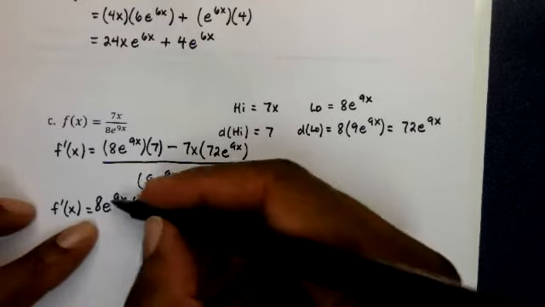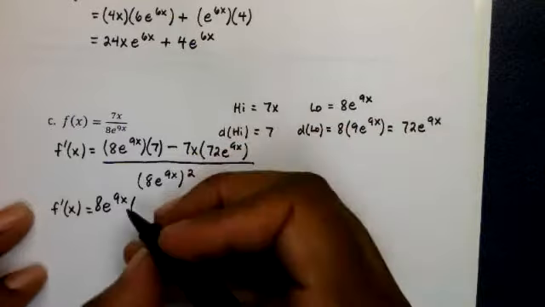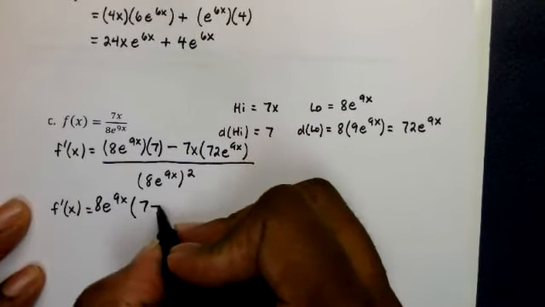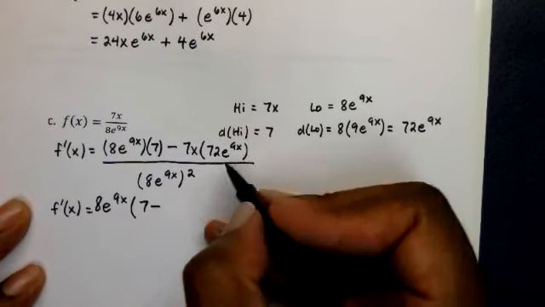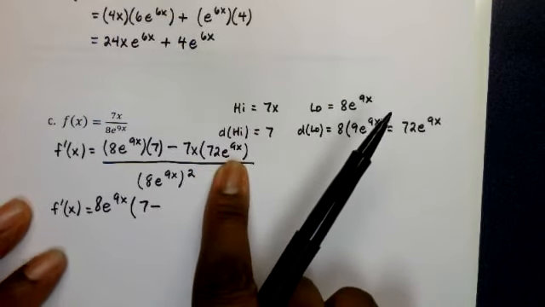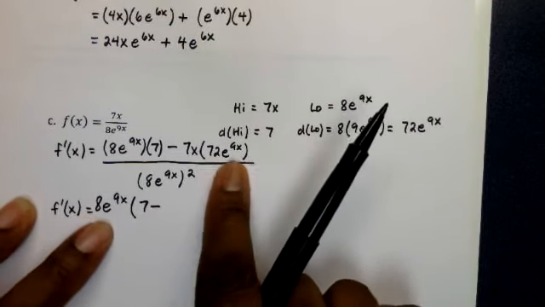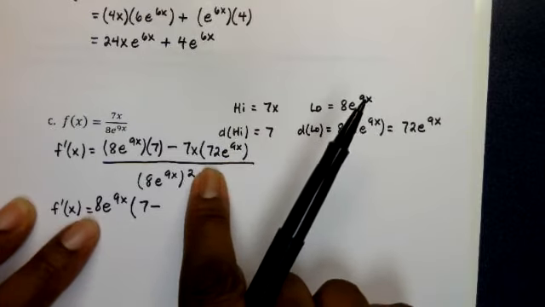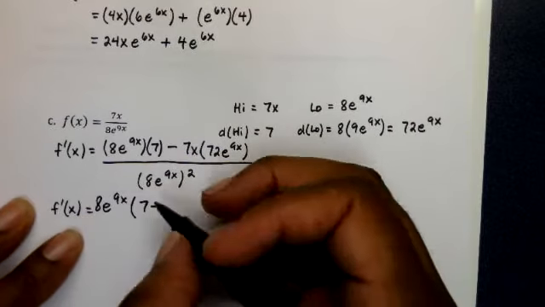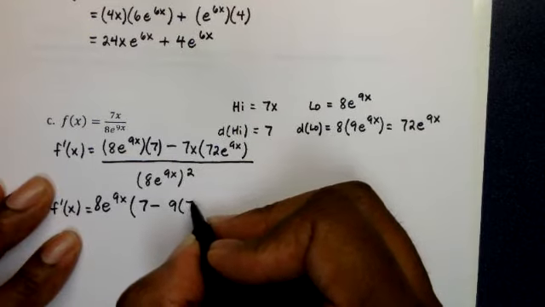So if I factor out 8e to the 9x, from here, I'm left with 7 minus, now let's take a look here. That 72e to the 9x divided by 8, I'm going to be left with, well, e to the 9x will be gone. 72 divided by 8 will be 9. So it'll be 9 times that 7x.